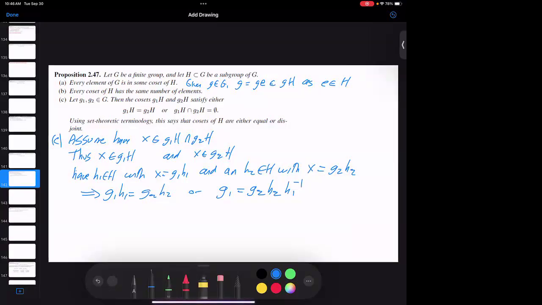So if I look at g1H, we agree that that's the same as g2h2h1 inverse times H. Multiplying big H, and since multiplication is associative, this is going to be the same as g2h2 times h1 inverse H. Because H is a subgroup, what do you think happens if I multiply everything in H by h1 inverse?